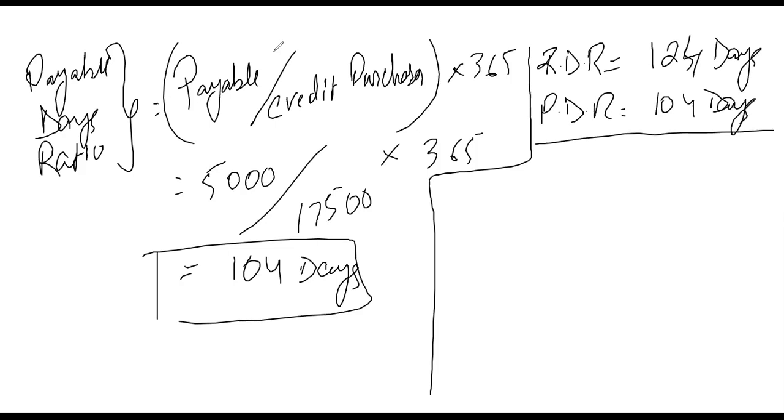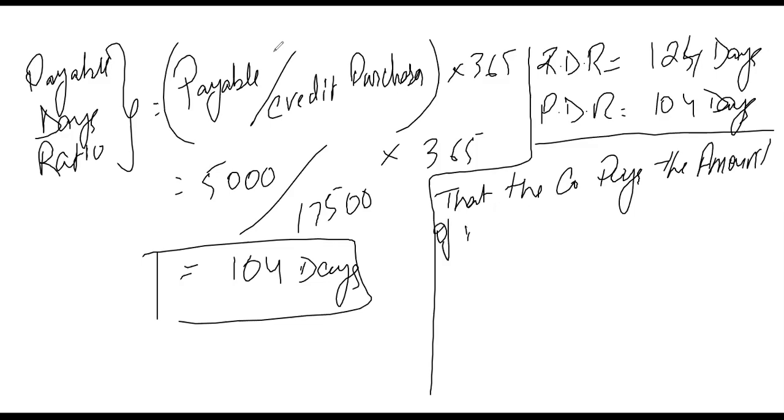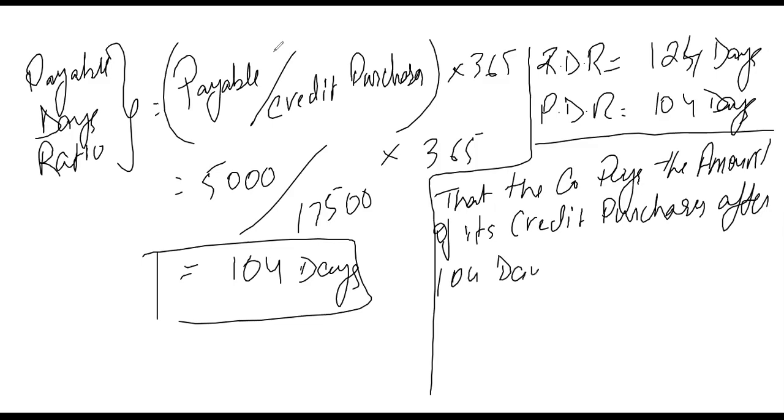This means that the company pays the amount of its credit purchases after 104 days.